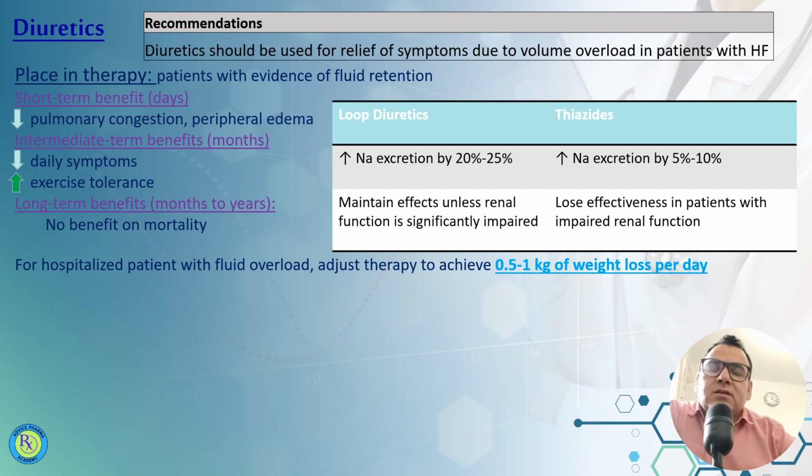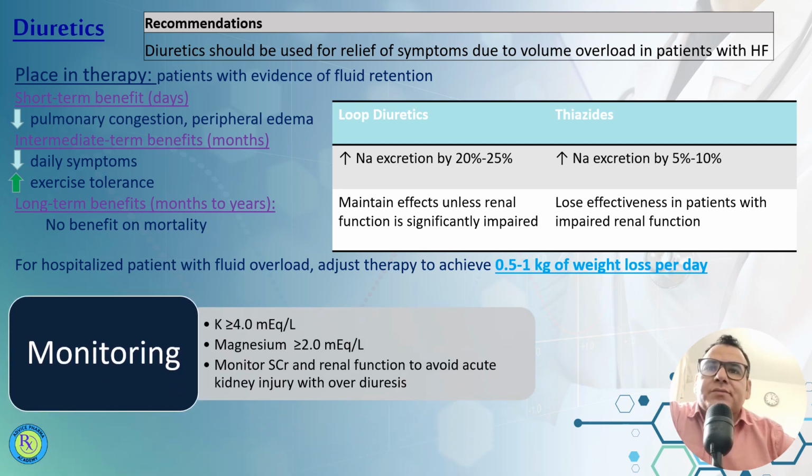Thiazides have a moderate effect. They increase water excretion by 5 to 10%, still effective, but they lose effect in impaired renal function. So loop diuretics can be used at a lower eGFR than thiazides.